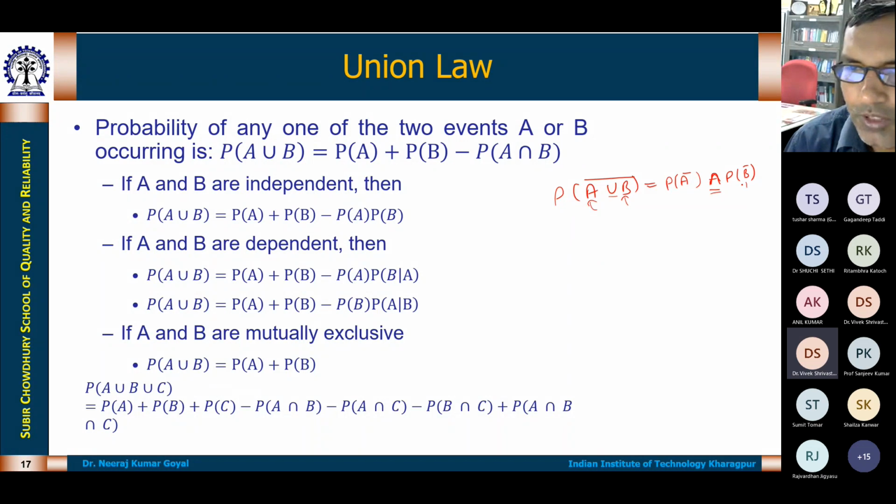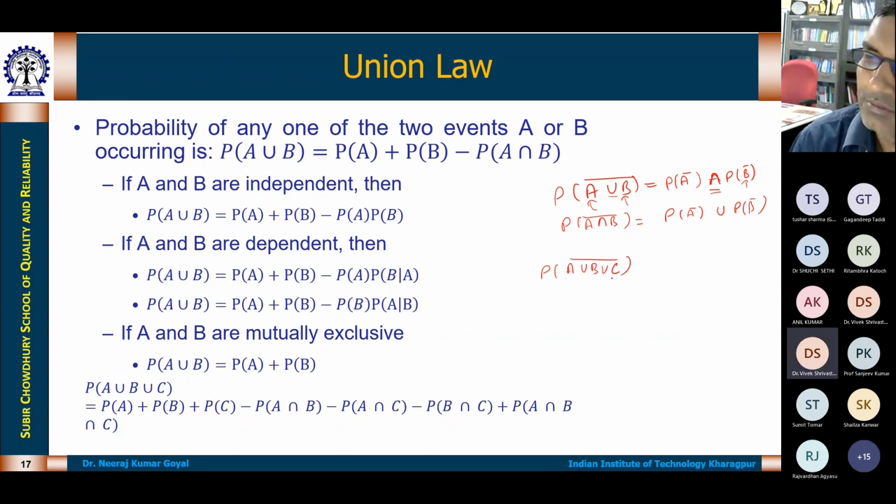Similarly, the probability of A intersection B whole bar, if I take, will be equal to the individual bar union, probability of A bar union B bar. I'm having difficulty with union, right? So I want to know the probability of A union B union C. I know that the complement will have probability 1 minus the complement.